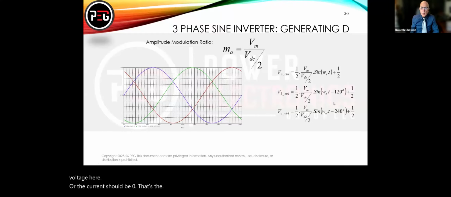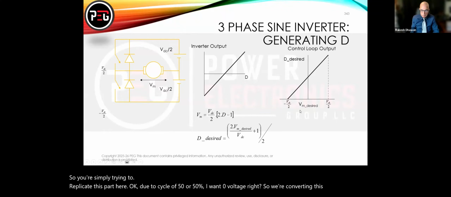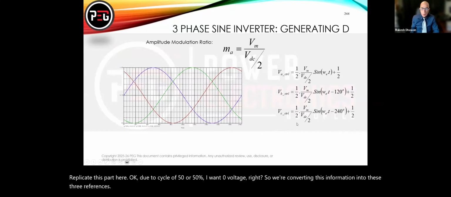That would be the goal. And this offset here, we're simply trying to replicate this part here. A duty cycle of 50%, I want 0 voltage. Right? So we're converting this information into these 3 references, right?